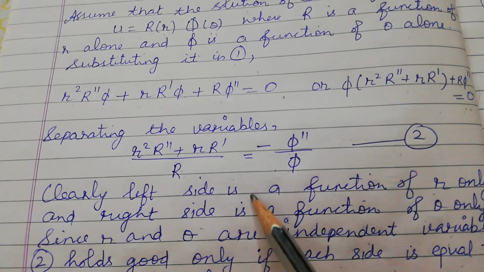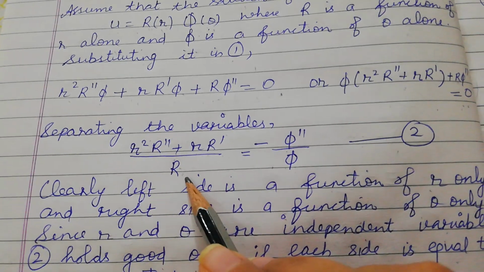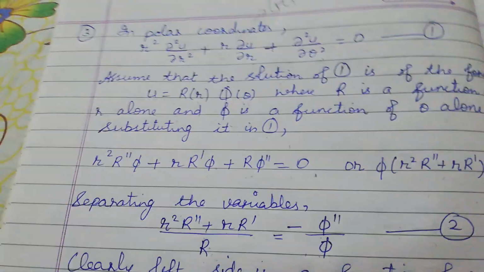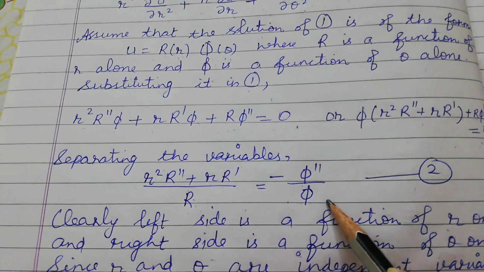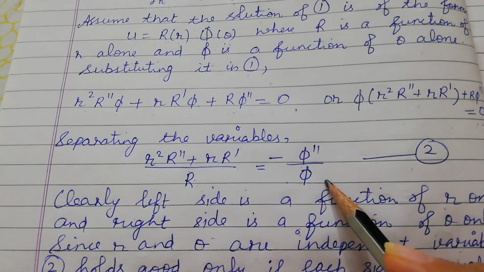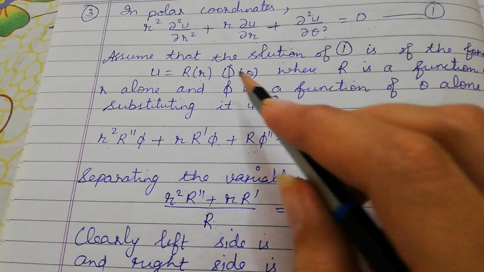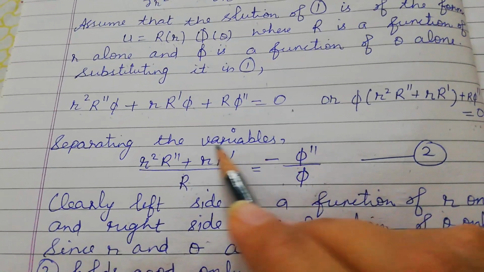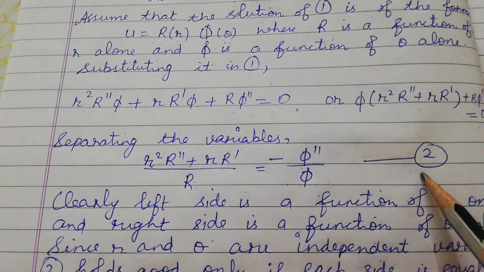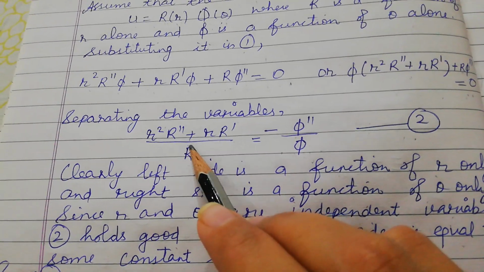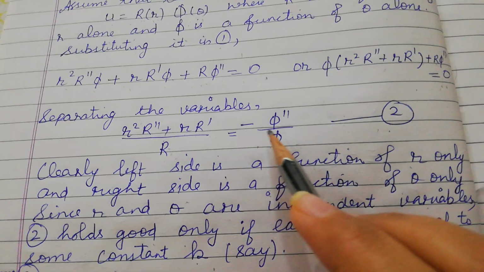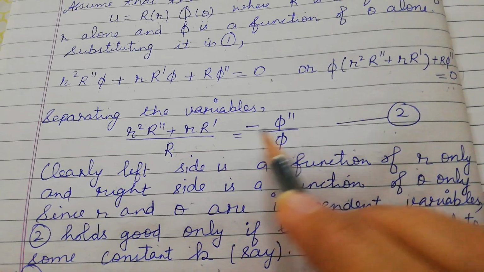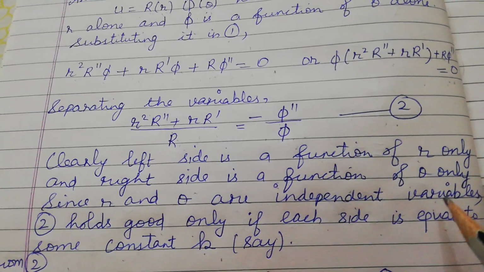Now clearly the left hand side is a function of small r only, because this capital R is a function of small r, right? And this right hand side is a function of theta only, because this phi is a function of theta, right? So now this is your equation number 2. Now the left hand side is a function of r only and the right hand side is a function of theta only, and they are equal, but r and theta are independent variables.